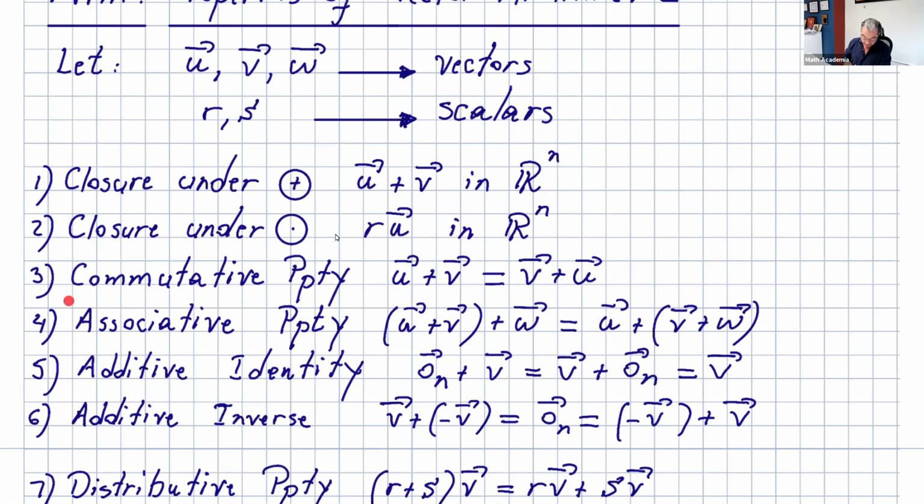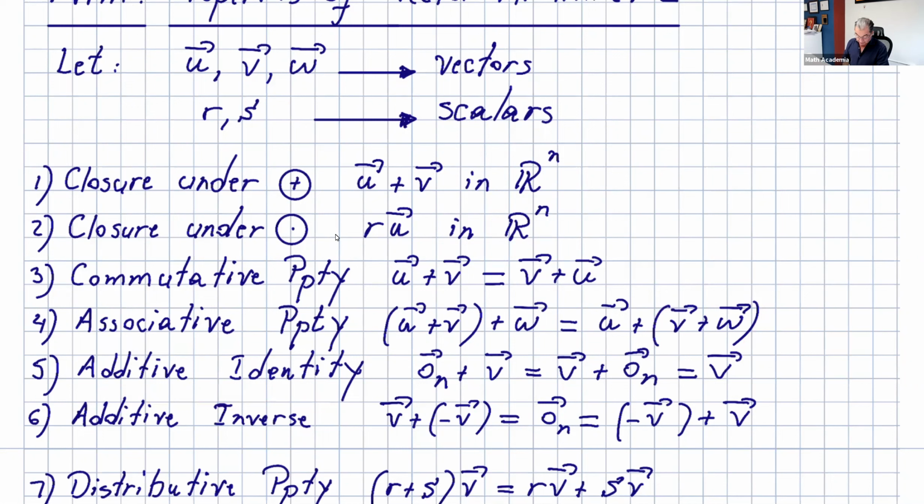You can have the commutative property. A vector u plus vector v is the same as vector v plus vector u. Then you have the associative property. U plus v in parentheses plus w is u plus v plus w inside the parentheses. Then you have the additive identity.